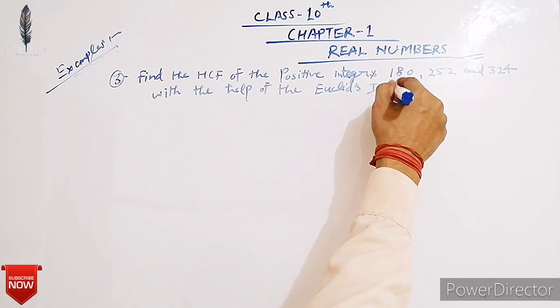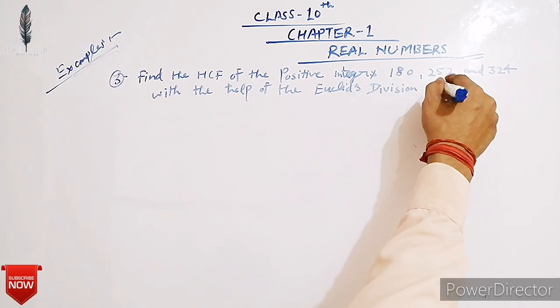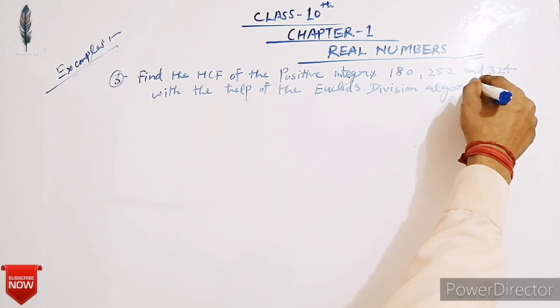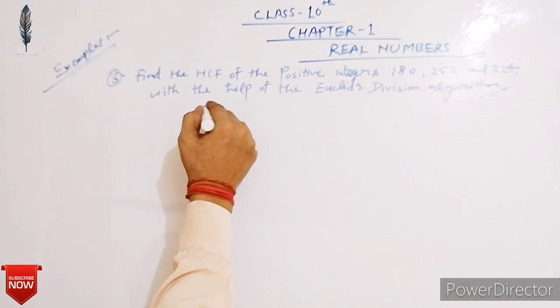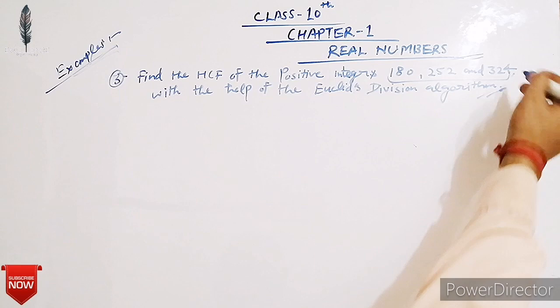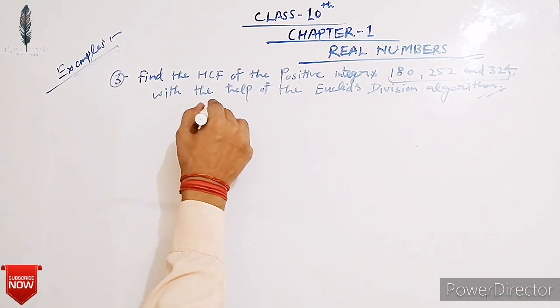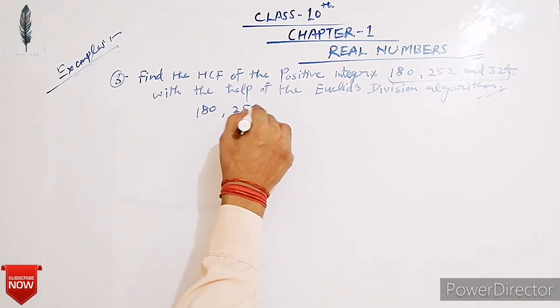Find the HCF of positive integers 180, 252 and 324 with the help of Euclid's division algorithm. Okay. Here 180, 252 and 324 are three numbers.